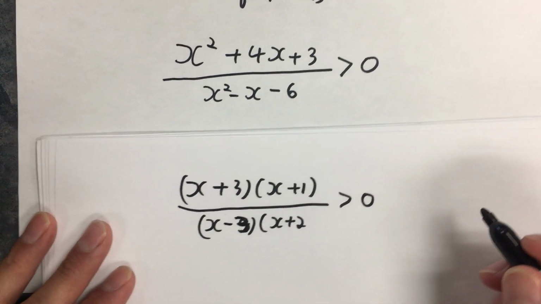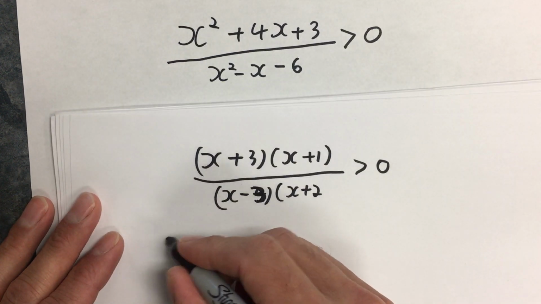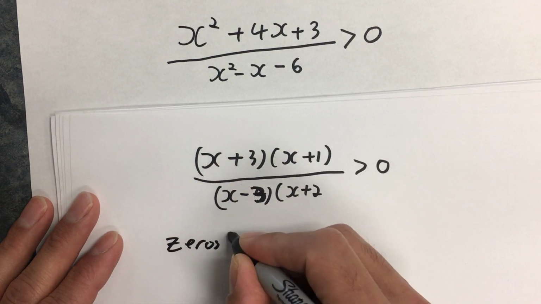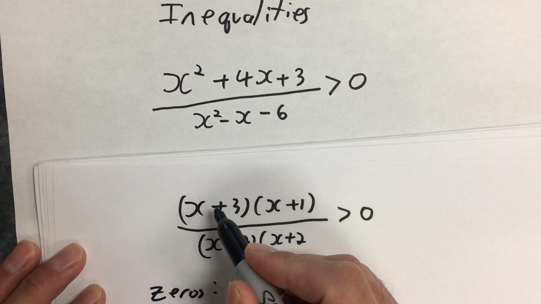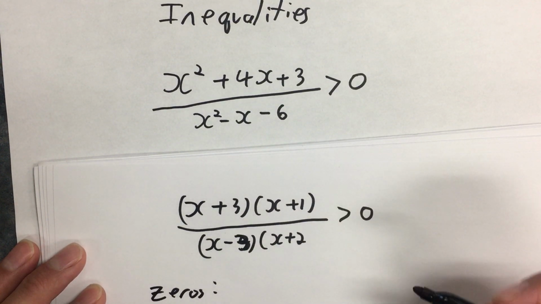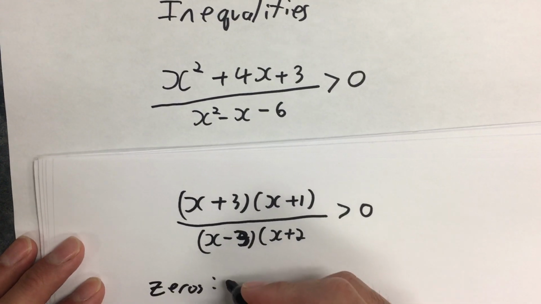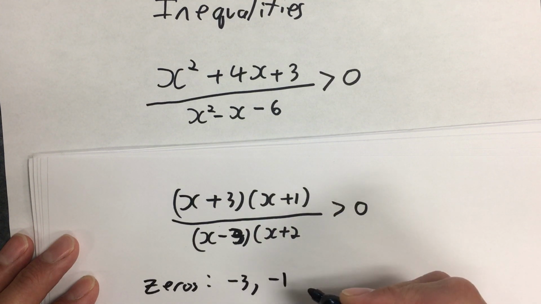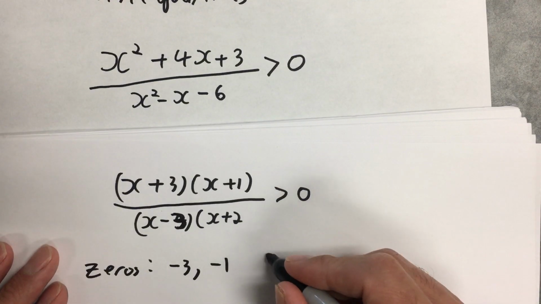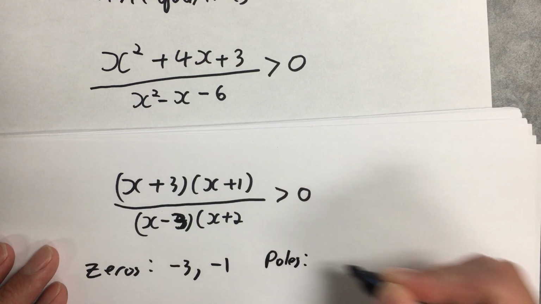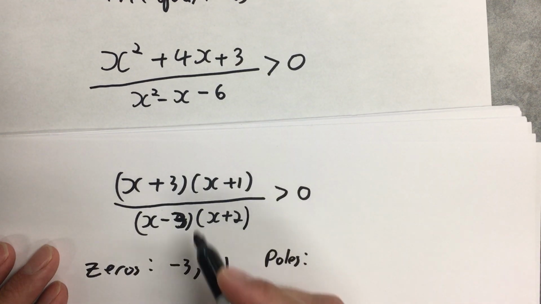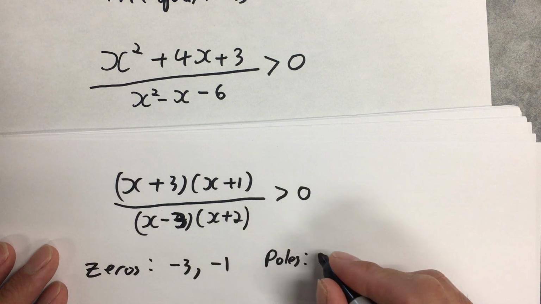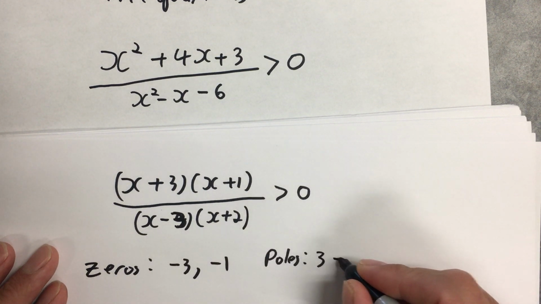Well, the key points are the zeros. My zeros are x values that will make the numerator 0, or the roots of the numerator. My zeros are at -3 and -1. My poles, those are the roots of the denominator, and they're at +3 and -2.